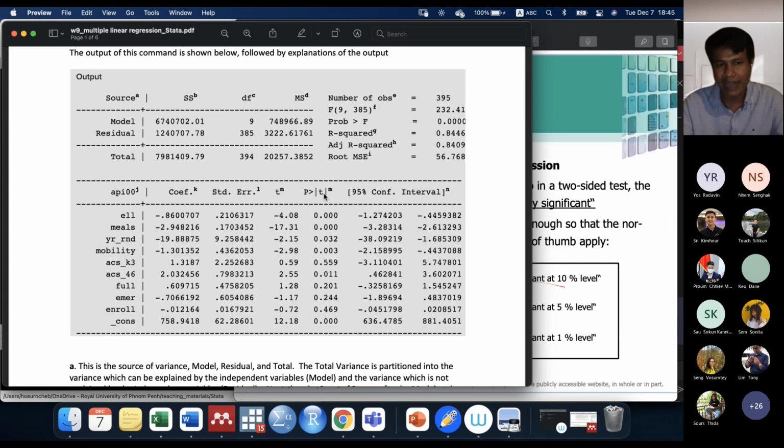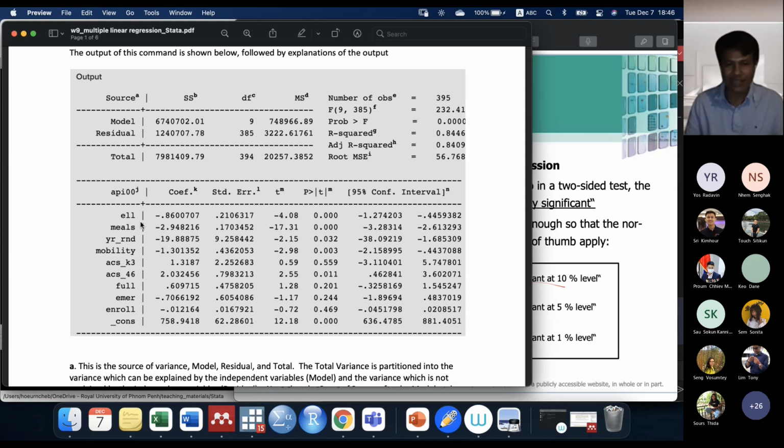Now, let me ask you a question. For the first independent variable L here, do we accept or reject the null hypothesis? Feel free to answer either in the chat box or unmute yourself and talk directly to me. If you don't want to talk, reply to me silently in your heart.